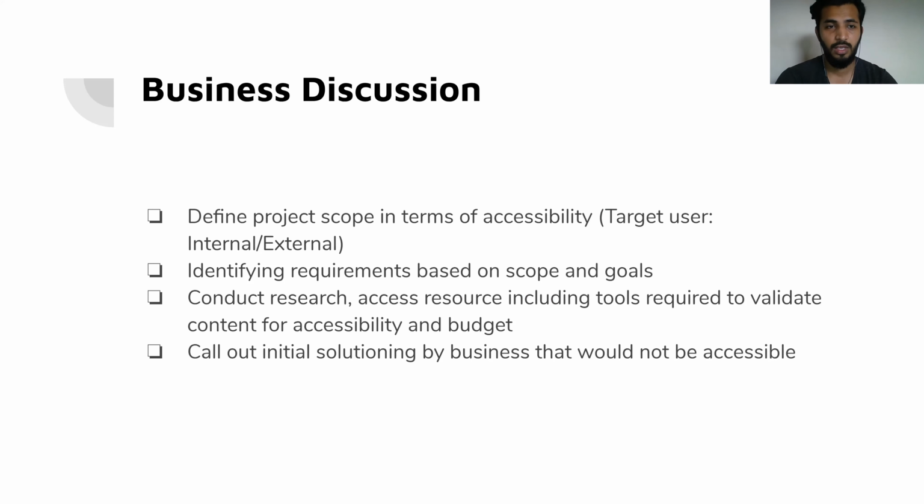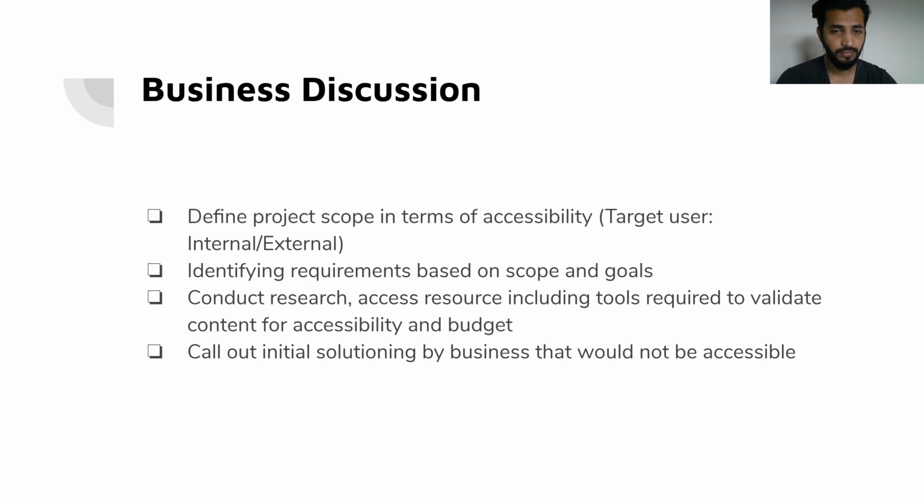the project. So I've outlined a couple of other instances which make engagement from accessibility important during business discussion, including defining the project scope in terms of accessibility. Who's going to be the target customer? Is it an internal application or an external application? Identifying requirements based on scopes and goals.